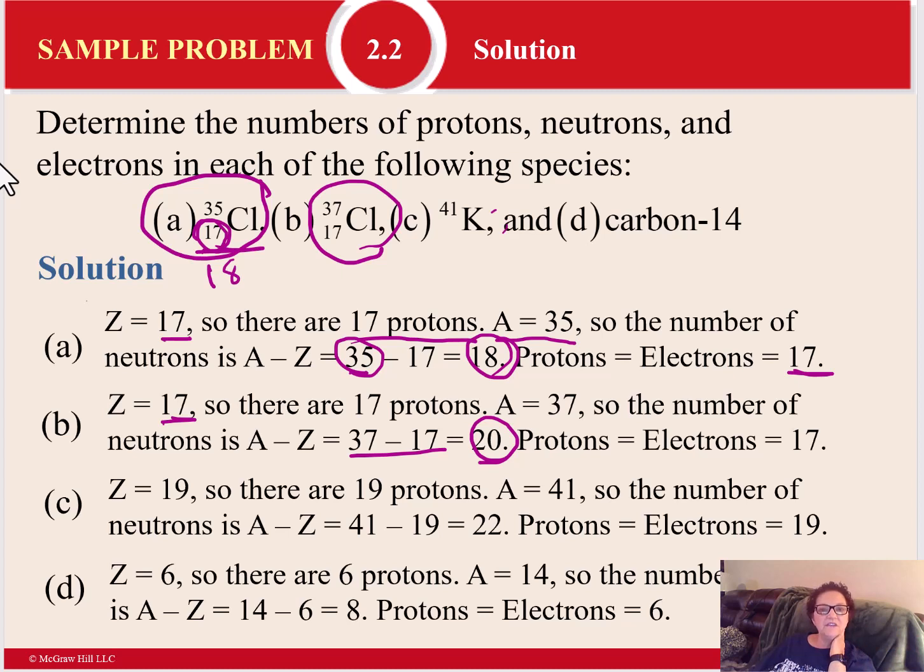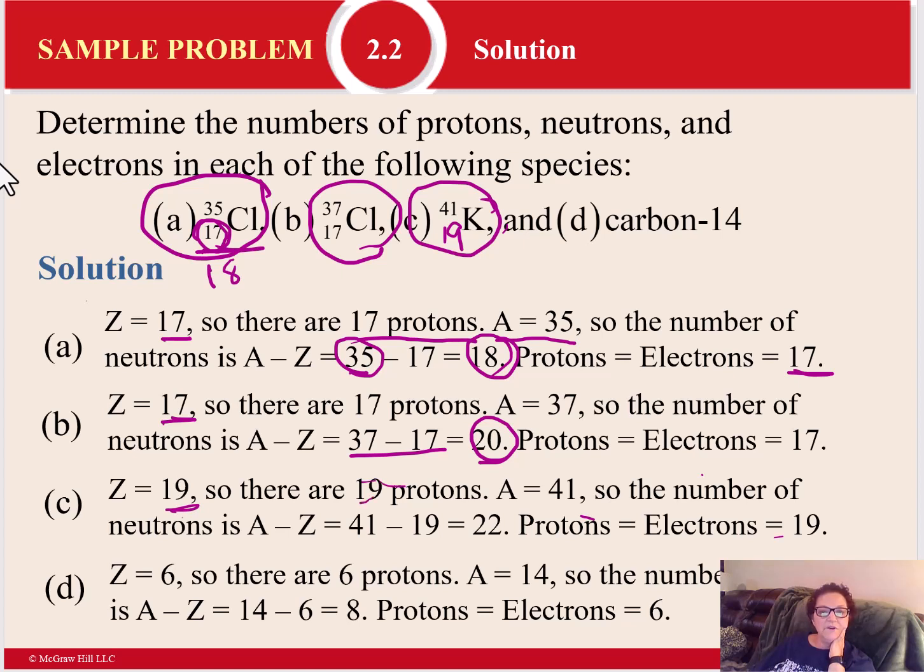Now this next one is potassium-41. If you look on the periodic table, you can find its atomic number from its symbol. The symbol for potassium is K. It's a weirdo. You can find that 19 goes with K, so that is its atomic number.